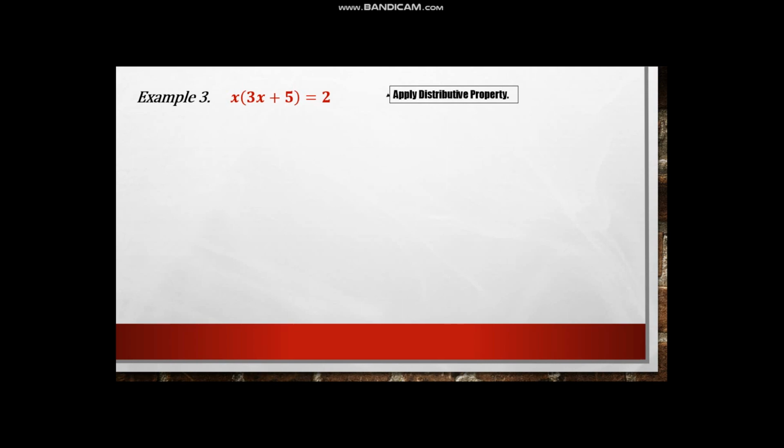Can you still remember how to apply the distributive property? It's the way of multiplying the monomial outside the parentheses to each term of the binomial or polynomial inside the parentheses. It goes like this. x multiplied by 3x, getting the product of 3x squared, and we also have x times 5, having a product of positive 5x, and then bring down 2.